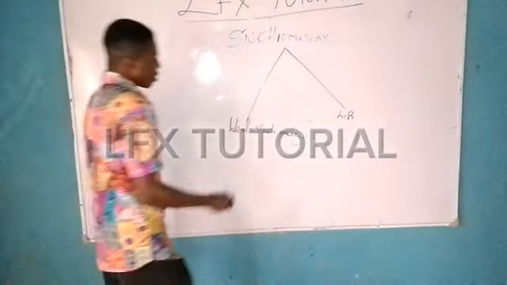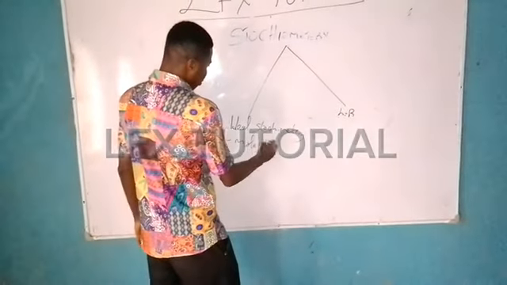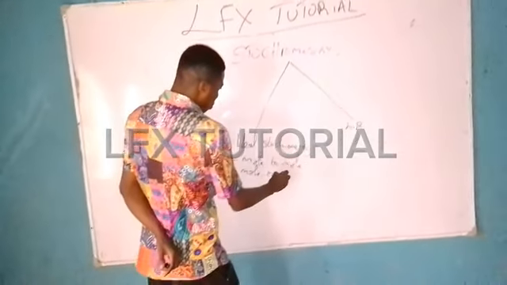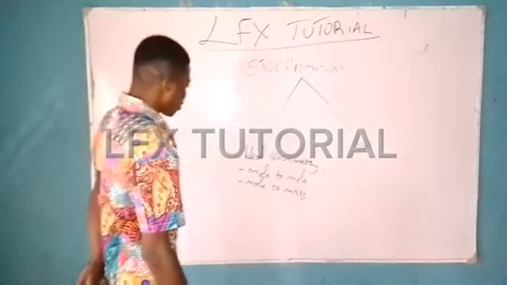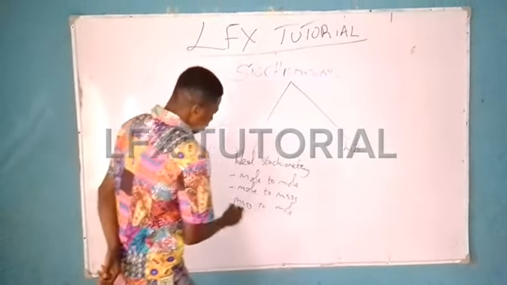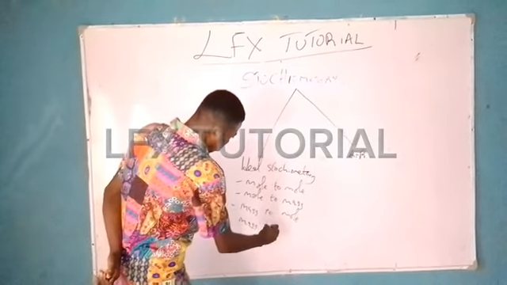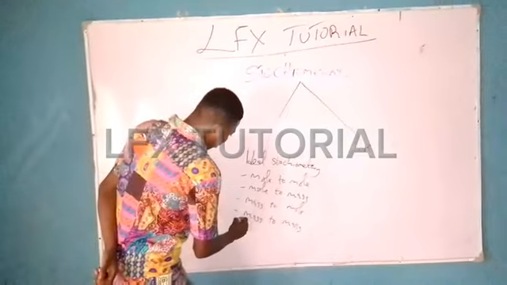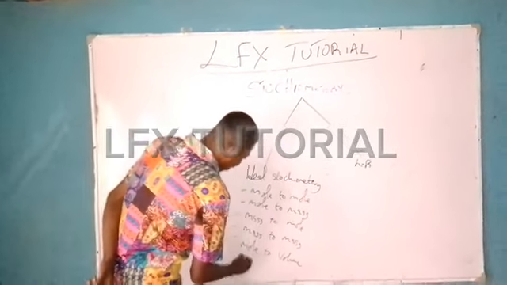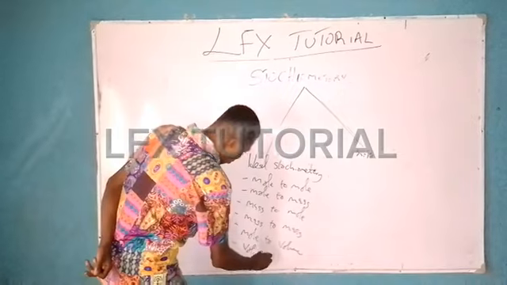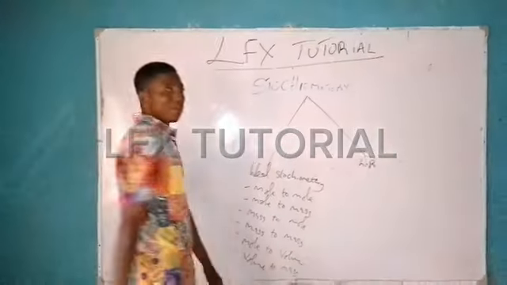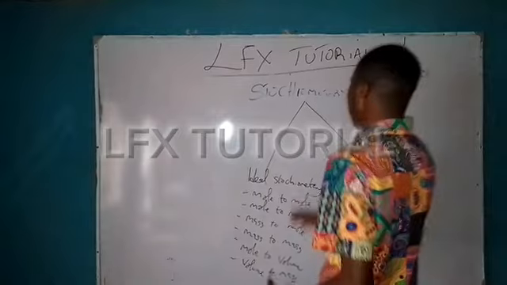Under ideal stoichiometry, we have mole to mole, then mole to mass, then mass to mole, then mass to mass, mole to volume, volume to mass, and other ones like mass to volume. These are the lessons we are going to cover.